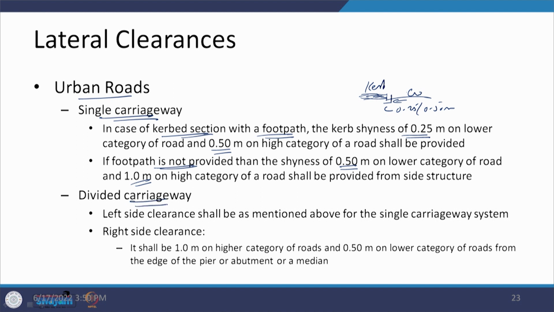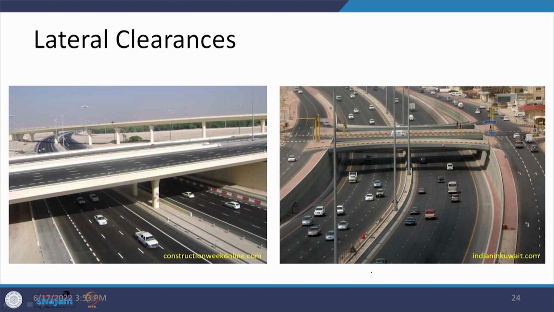For divided carriageways, again the conditions remain the same. For the left hand side, whatever we have discussed for the single carriageway is valid as such. But when we look at the right side, it shall be 1 meter on higher category of roads and 0.5 meters on lower category of roads, as we talked about here, from the edge of pier or abutment or a median. So what you can see here is that there is a structure being provided.